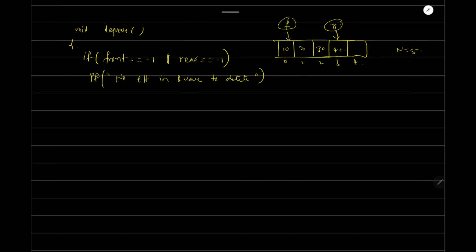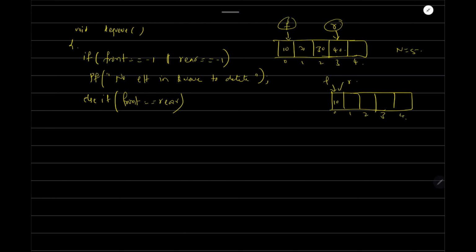Let's say there is only one element in the queue; then front and rear will be at the same place. That is the condition: else if front is equal to rear.